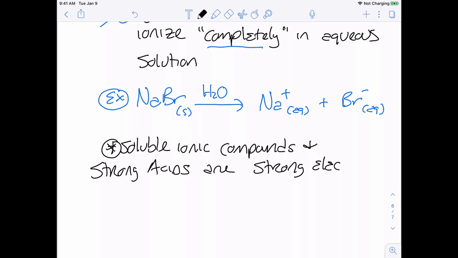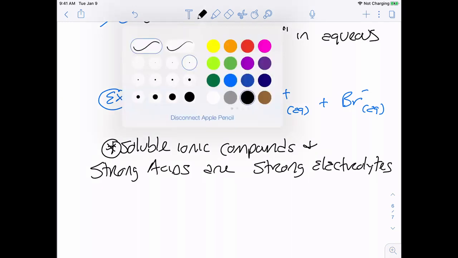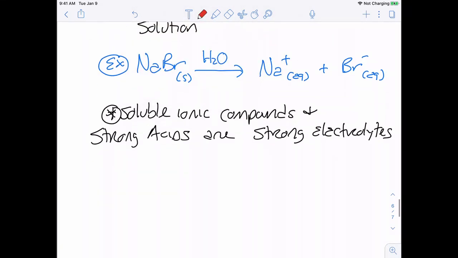I will, in a little bit, come and define soluble ionic compounds. The strong acids, you just really need to memorize them. So we're going to put them here. There's 7 of them. The soluble ionic compounds, we can use our solubility rules to determine, but the strong acids, we do need to memorize.